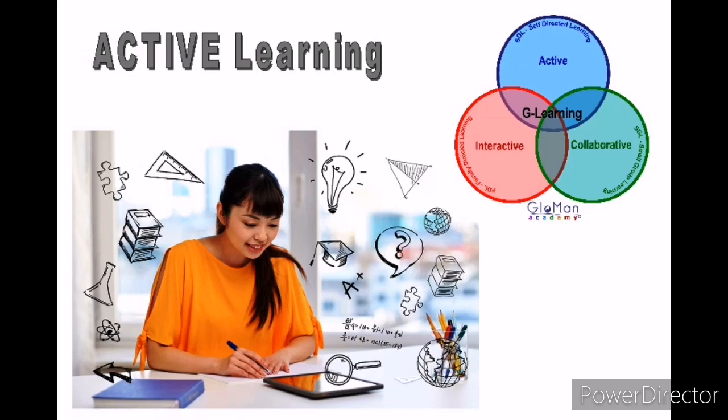Active learning, as you can see in this picture, the student is using a mobile phone or a tablet along with a book and various other tools which are necessary to conduct education, and in her mind there are so many thoughts which are developing as a result of her self-directed learning.